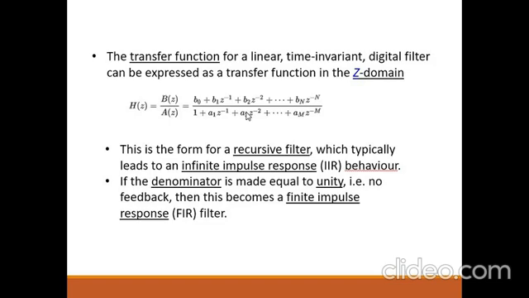If the denominator is equal to unity, that is, no feedback is applied to the signal, then it forms an FIR filter. These are the two different filters which we will use, the IIR filter and the FIR filter. The IIR filter usually has feedback, and the FIR filter does not have any feedback.